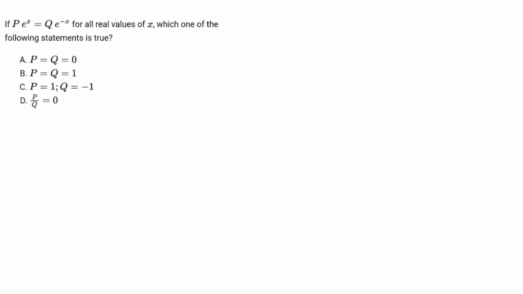Given that p e to the power x is equal to q e to the power minus x for all real values of x, which one of the following statements is true? So check one by one which option is true.